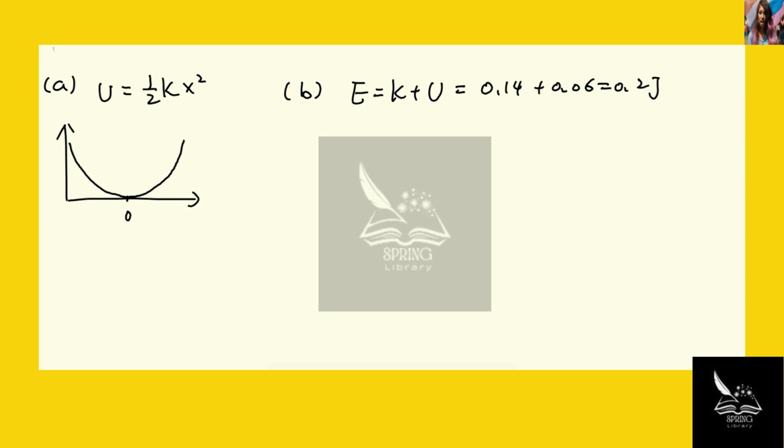When the object reaches the amplitude, all the energy is potential energy. So half Ka squared equals E, right? So from this equation, we know that the amplitude can be calculated by 2E over the spring constant, take the square root. Plug in the numbers, we get 0.2.